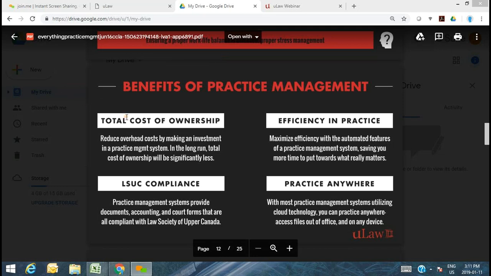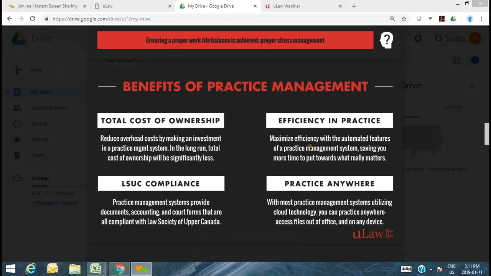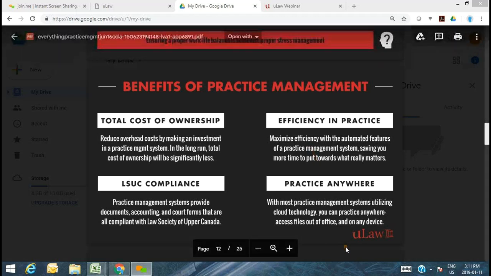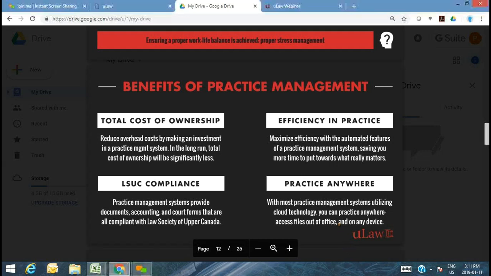So that's why we talk about cost of ownership, delivering efficiencies in your practice, providing Law Society compliance. Okay, and if it can also provide you with the flexibility of working from anywhere, because you are that empowered mobile legal professional, then nothing like it.